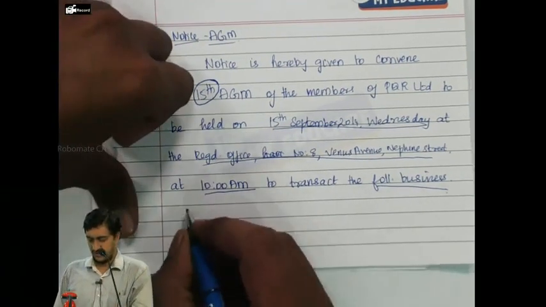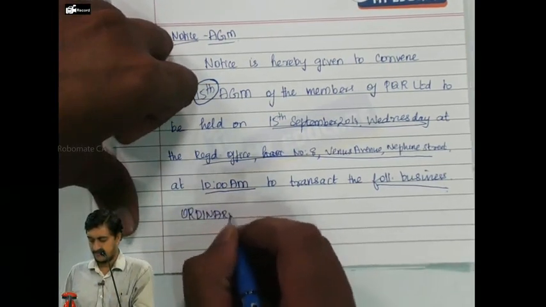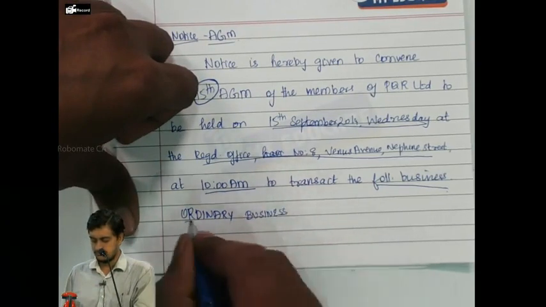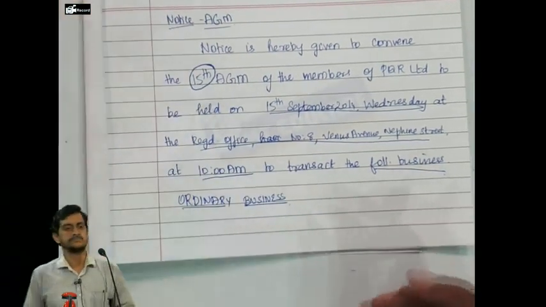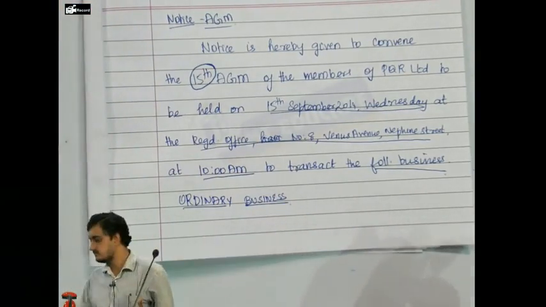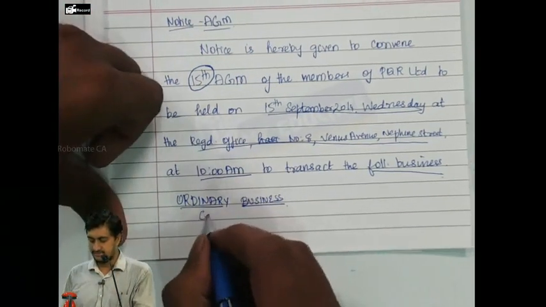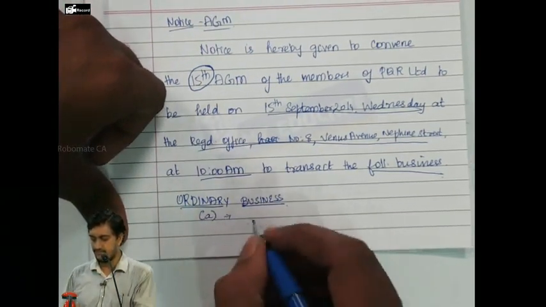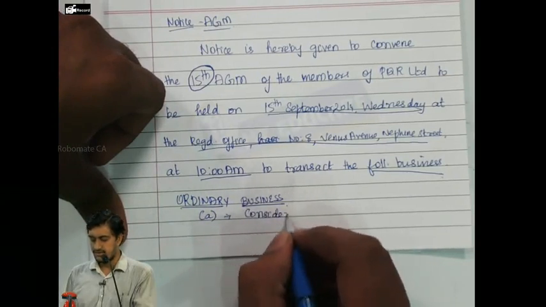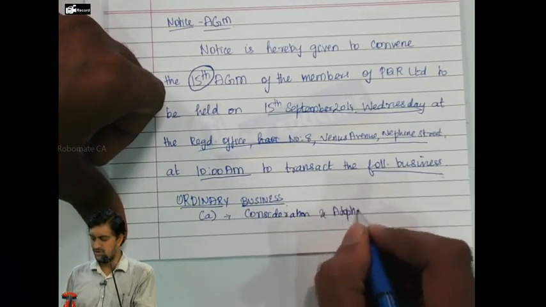So we will write one by one. You will give the heading ordinary business, and inside this heading you will have A, consideration and adoption of, all those items you will write.